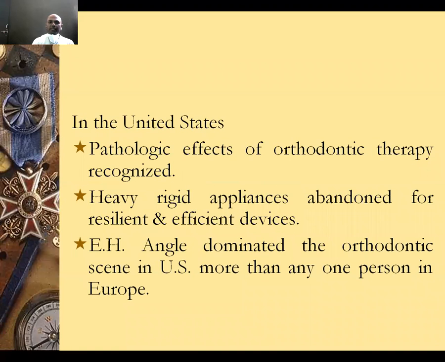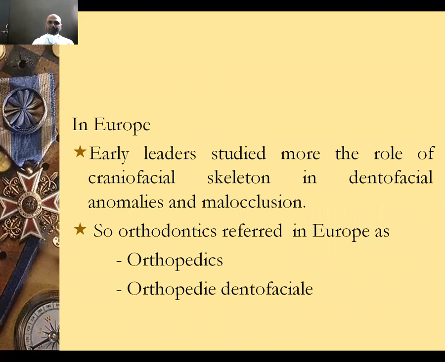In the United States, pathological effects of orthodontic therapy were recognized. Heavy rigid appliances were abandoned for resilient and efficient devices. Edward H. Angle dominated the orthodontic scene in the US more than any one person in Europe.